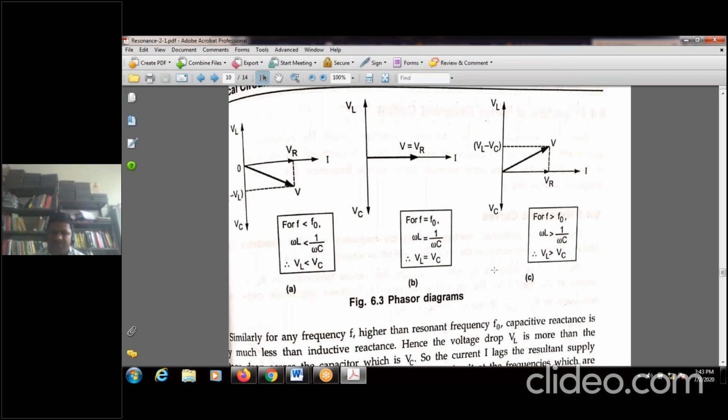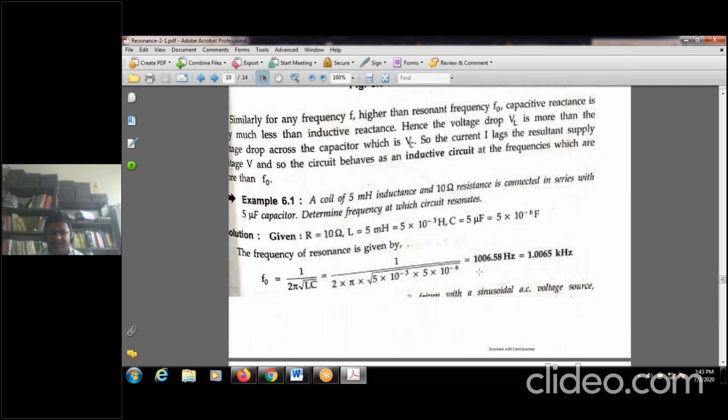And here is a simple problem. Given some values: L value is 5 millihenry, capacitor is 5 microfarad, and resistor R is equal to 10 ohm. Find the resonance frequency. The resonance frequency F naught is equal to 1 by 2 pi root LC.